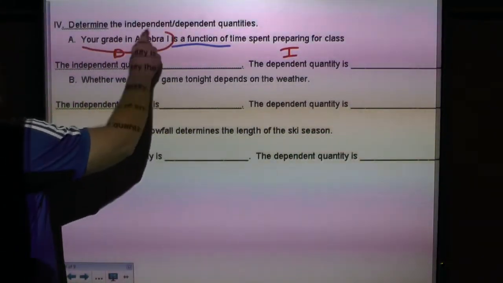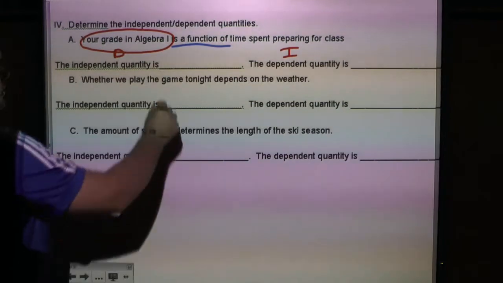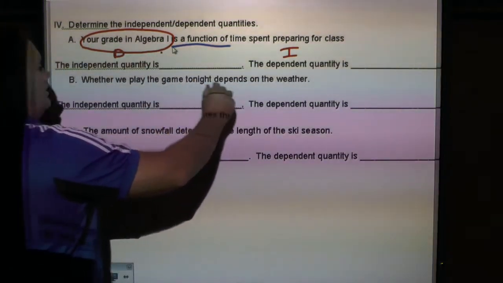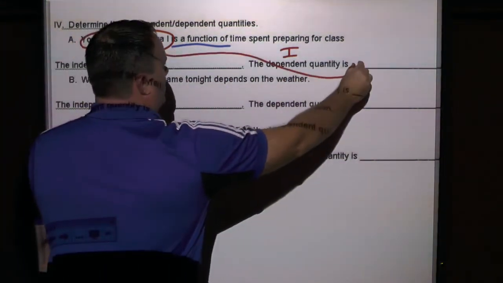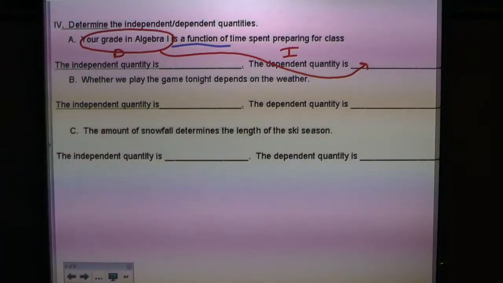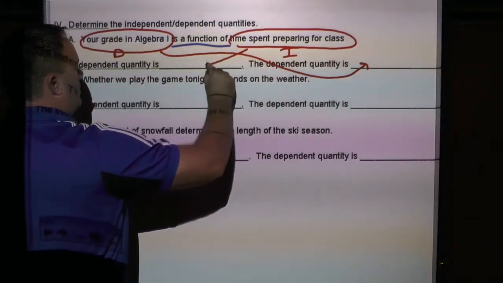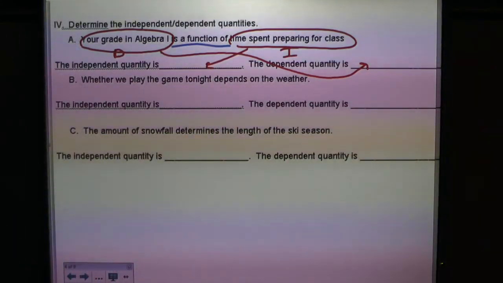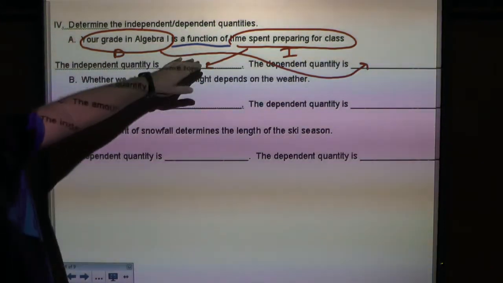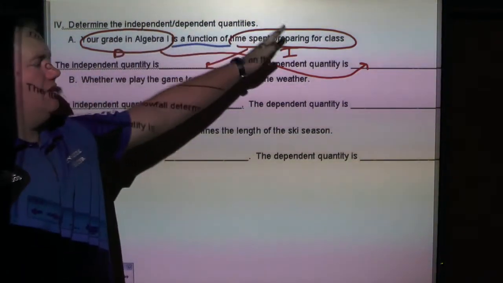So your grade in Algebra 1 is your dependent quantity. The time spent preparing for class is your independent quantity. I want to make sure that's clear. When you see that is a function of phrase, the dependent is a function of the independent.